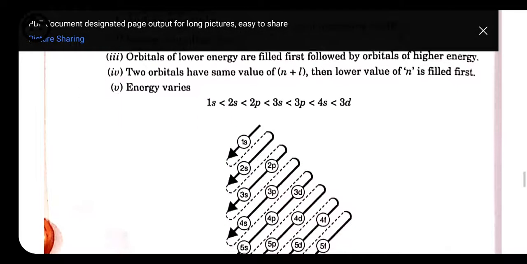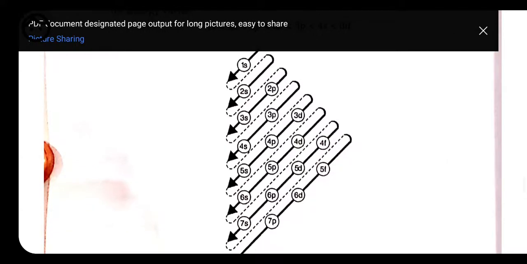See, here we have the orbitals 1s, 2s, 2p, 3s, 3p, 3d, 4s, 4p, 4d, 4f, 5s, 5p, 5d, 5f, 6s, 6p, 6d, 7s, 7p. Look at the arrow. With the help of this arrow only you have to fill the electrons in the orbitals.